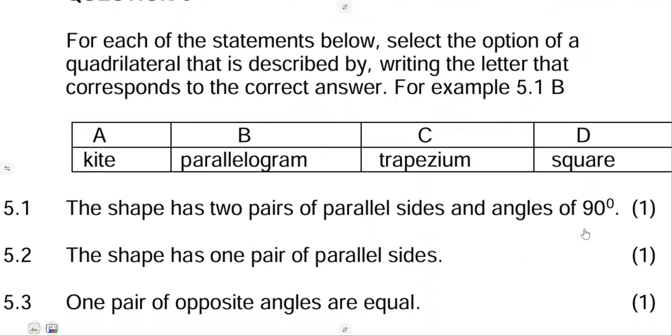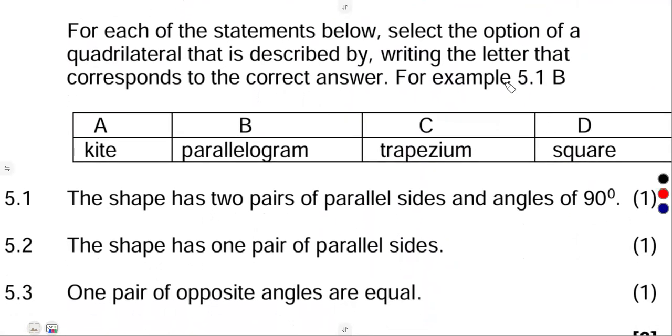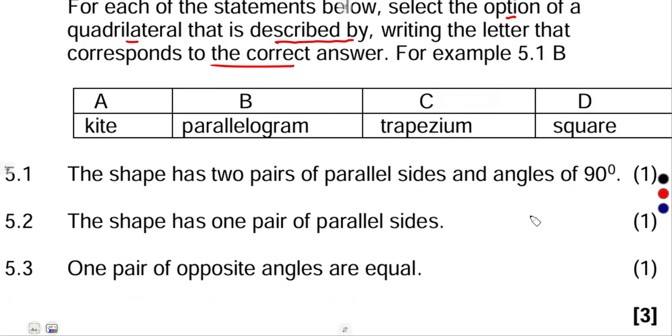Question number 5. For each of the statements below, select the option of a quadrilateral that is described by writing the letter that corresponds to the correct answer. For example, 5.1, the answer is B. That's just an example they're giving. All right, so 5.1, the shape has two pairs of parallel sides and angles of 90 degrees.